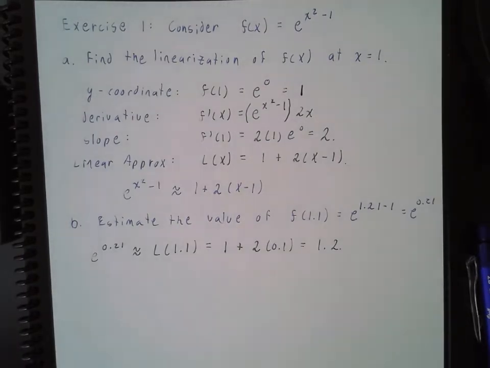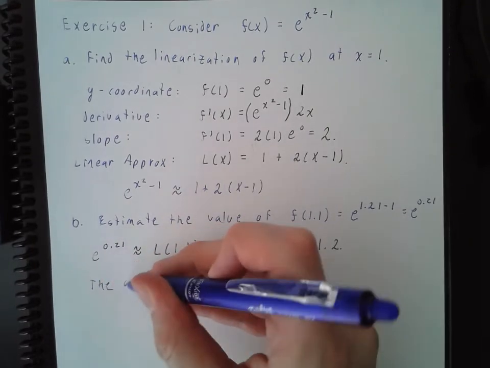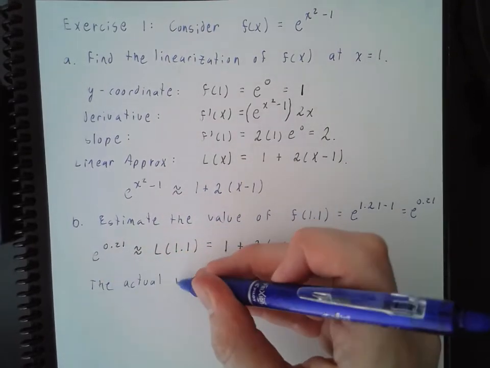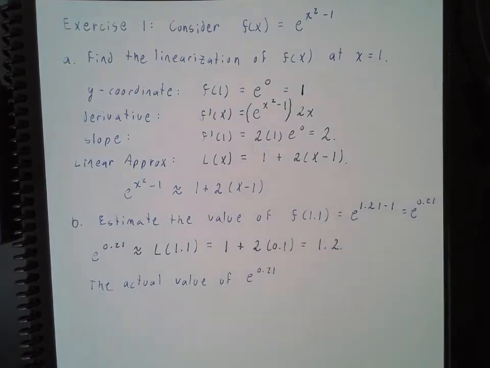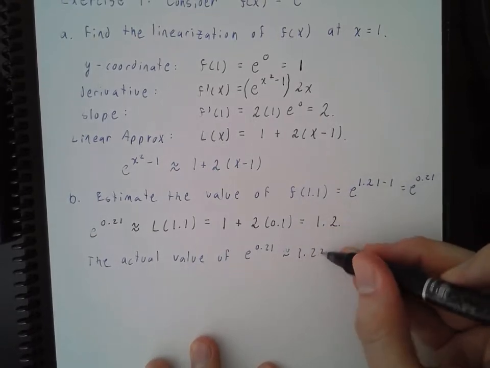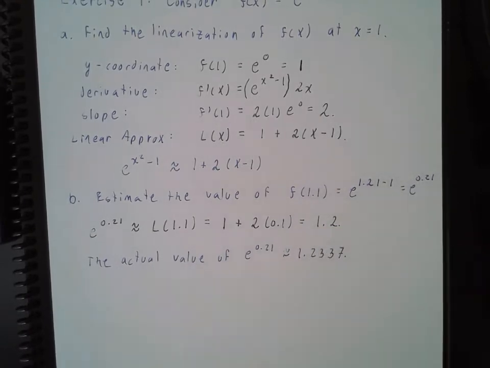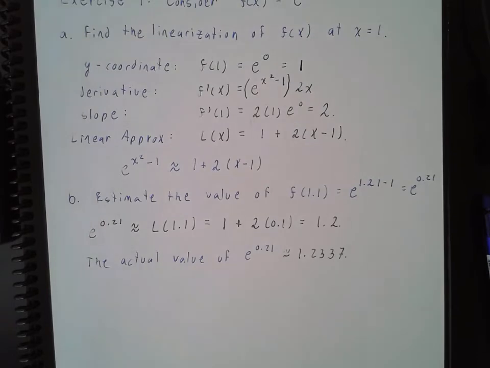If you use your calculator to find out the actual value of e to the 0.21, I'm just going to provide you this value: e to the 0.21 is approximately equal to 1.2337. So this is actually quite a nice approximation, even though this function is just a line.